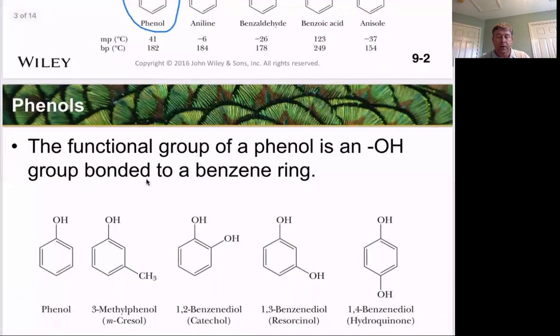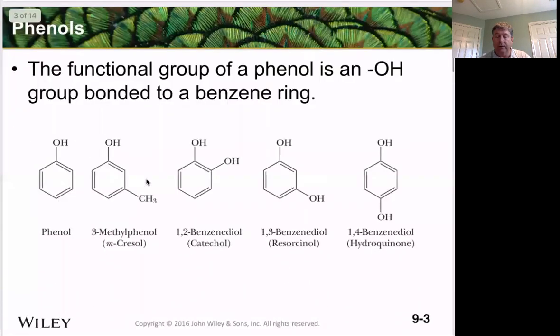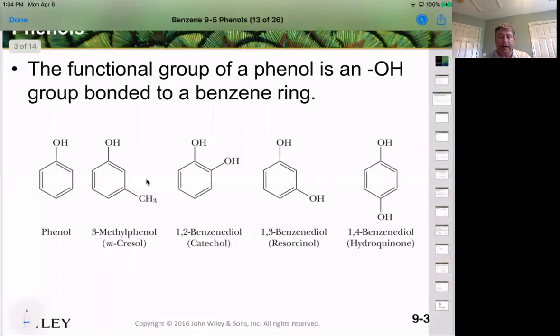Okay. So if we have more than one of those OHs on the system, we have what we call different derivatives here. With just the OH on here, we have the compound called phenol. If we have a methyl group with the OH on there, we call this methylphenol.